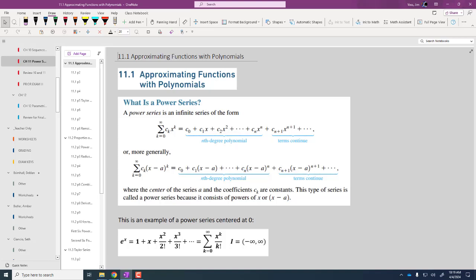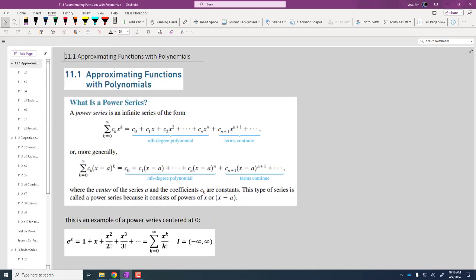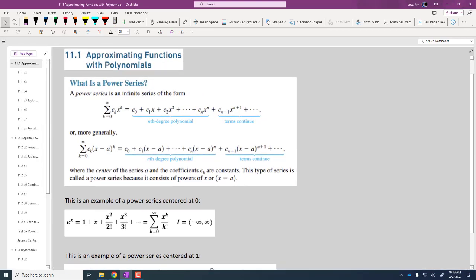So here is what a power series looks like. A power series is just an infinite polynomial. Maybe it's better to say a never-ending polynomial. But a lot of times we'll just use that word infinite for things that just go on forever. So there is a power series.